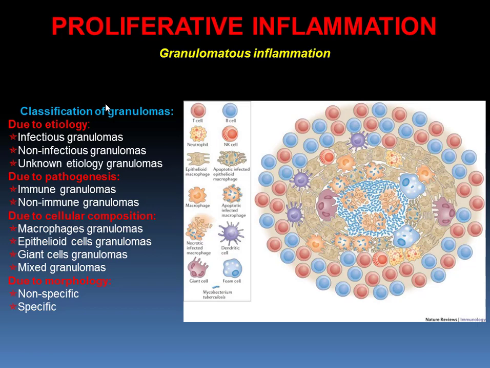Non-infectious granulomas are usually formed around foreign bodies, such as particles of organic and inorganic dust. And granulomas with unknown origin can be seen in such diseases like sarcoidosis, Crohn's disease, and some other diseases in the organism. By pathogenesis, granulomas can be divided into immune and non-immune type.